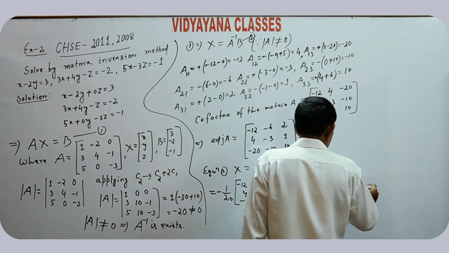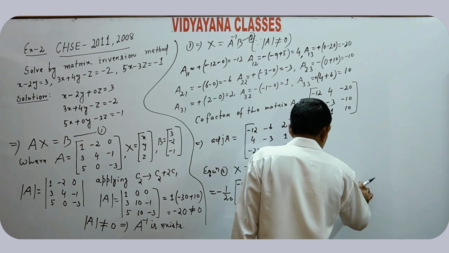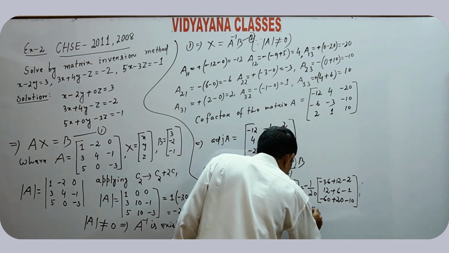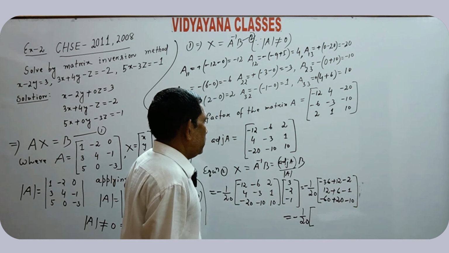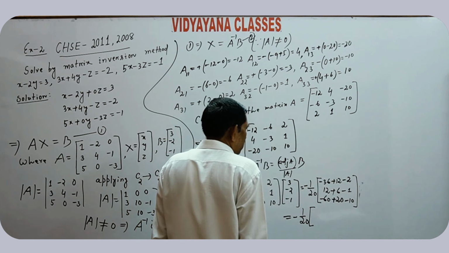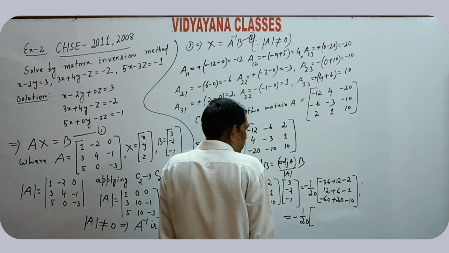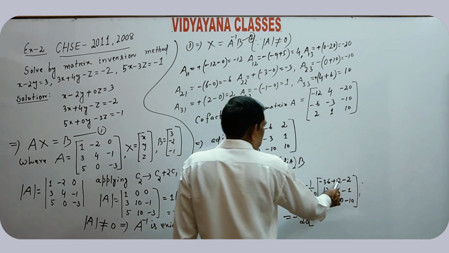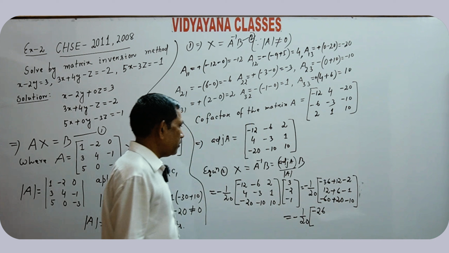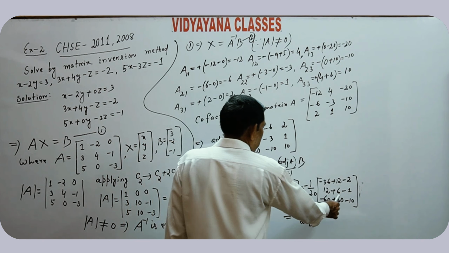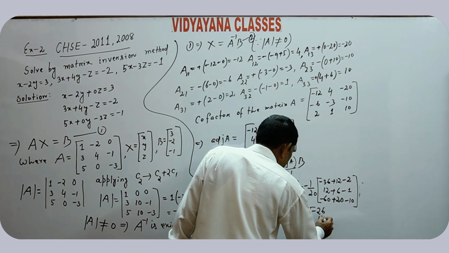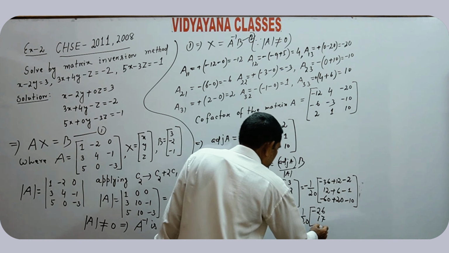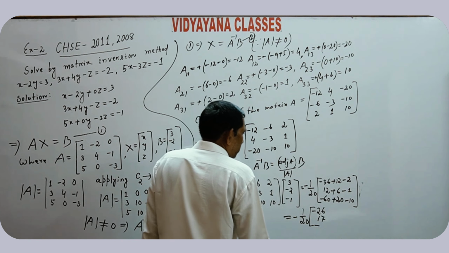Which is same as minus 1 by 20 into 10 minus 10 minus 26, 10 minus 30 plus 10 minus 26, it is 17, it is minus 50.